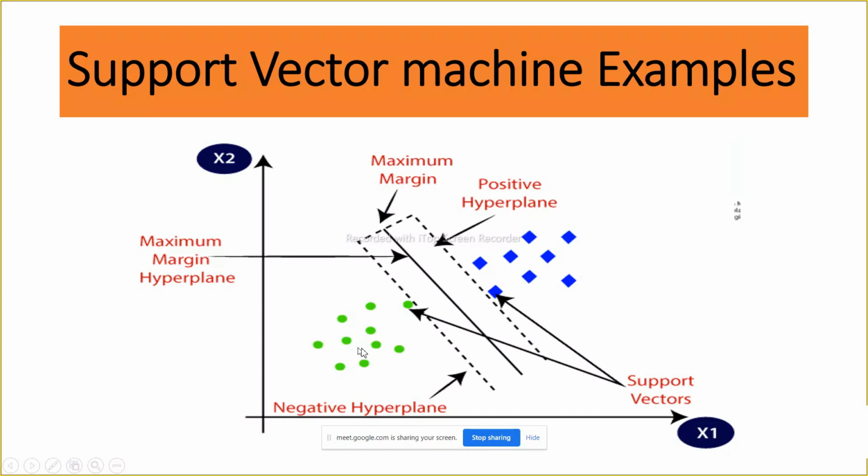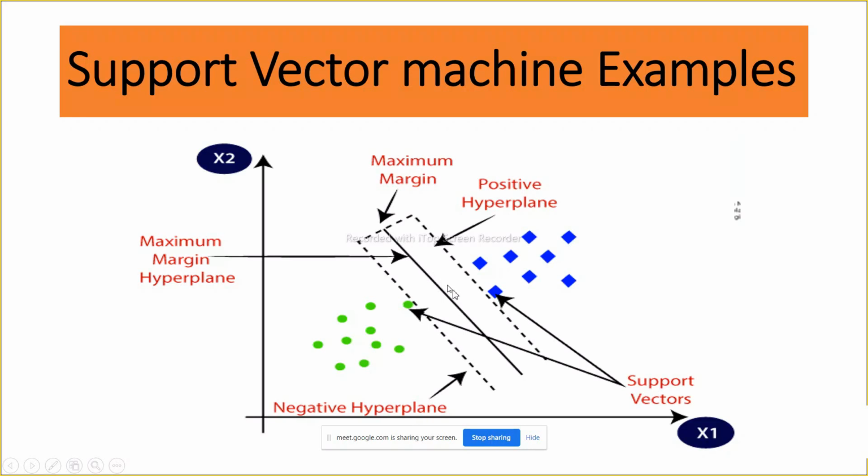So this is one class for water, and this is another class for built-up area. And also we can see this nearest line.